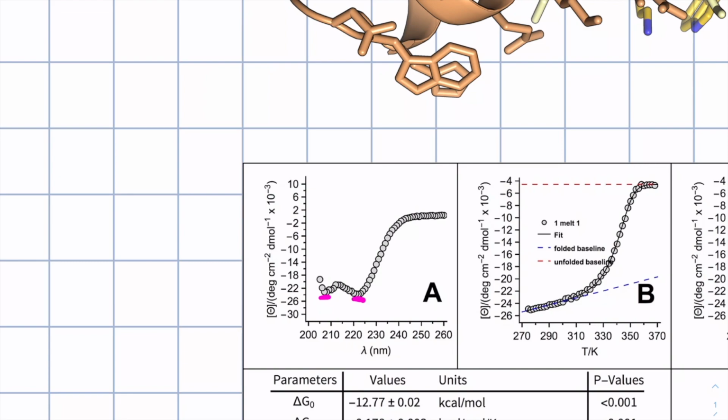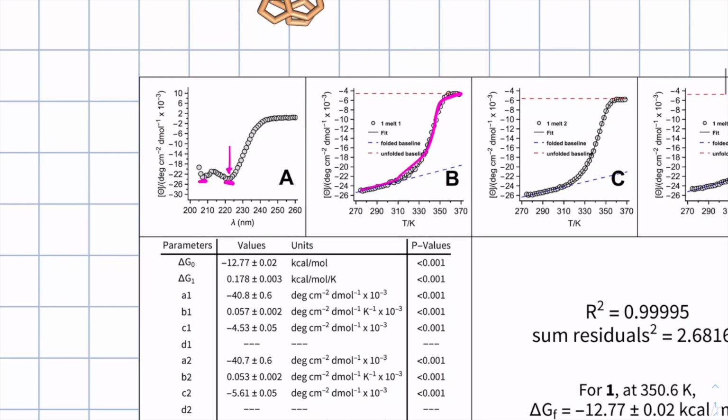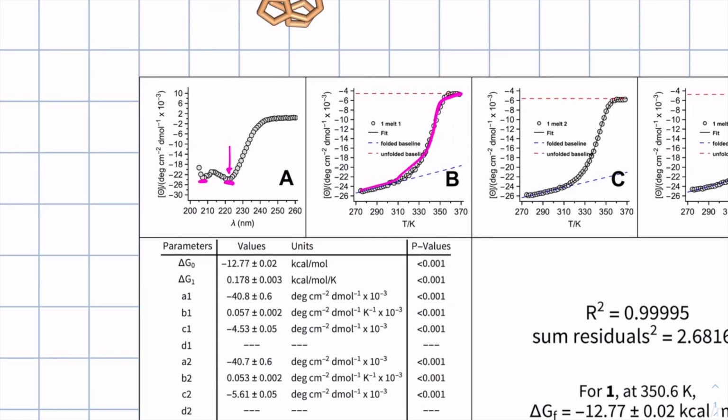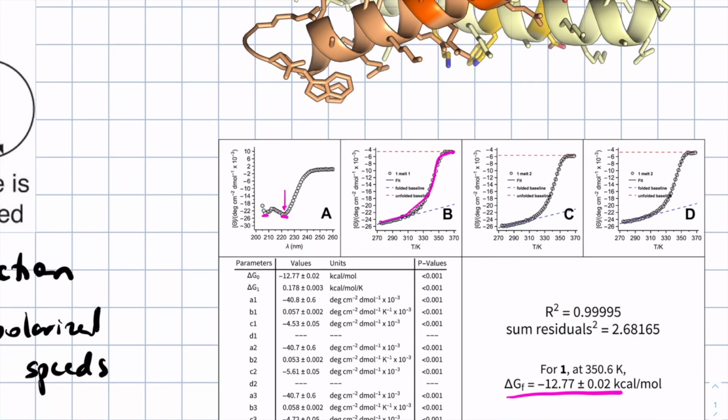You can also turn up the temperature and monitor at that wavelength, and you get what's called a thermal denaturation curve, and you can fit those data to calculate what the change in free energy is as the protein folds versus unfolds. So this is a very useful technique.